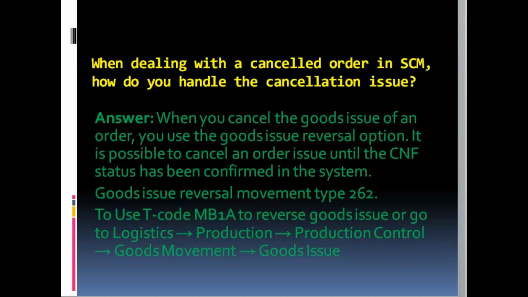Goods issue reversal movement type 262. Use T code MB1A to receive goods issue, or go to Logistics, Production, Production Control, Goods Movement, Goods Issue.